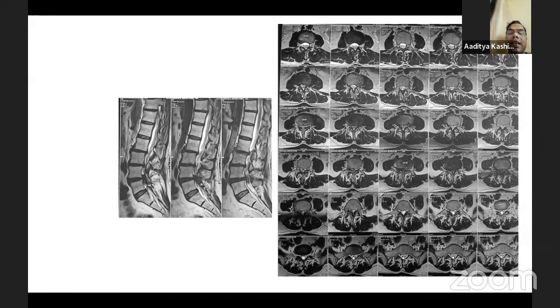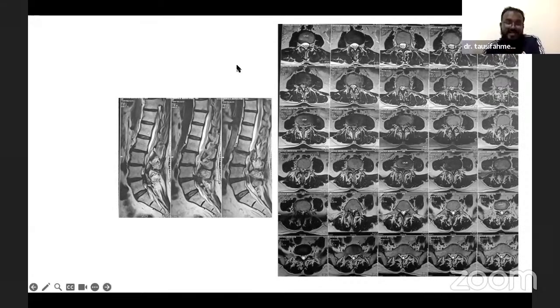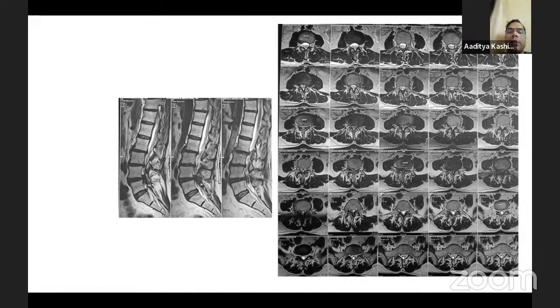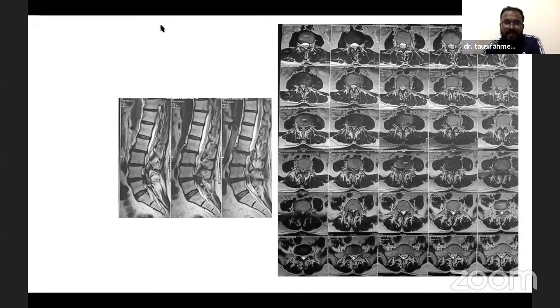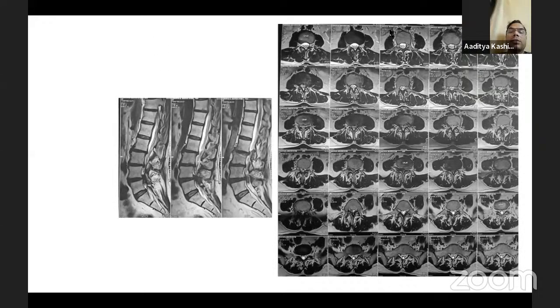What is the patient's age? 61, and leg pain is more than back pain. Okay, so I feel I would like to do decompression from L3 to L5 and maybe the undercut at L2 level in this particular case.